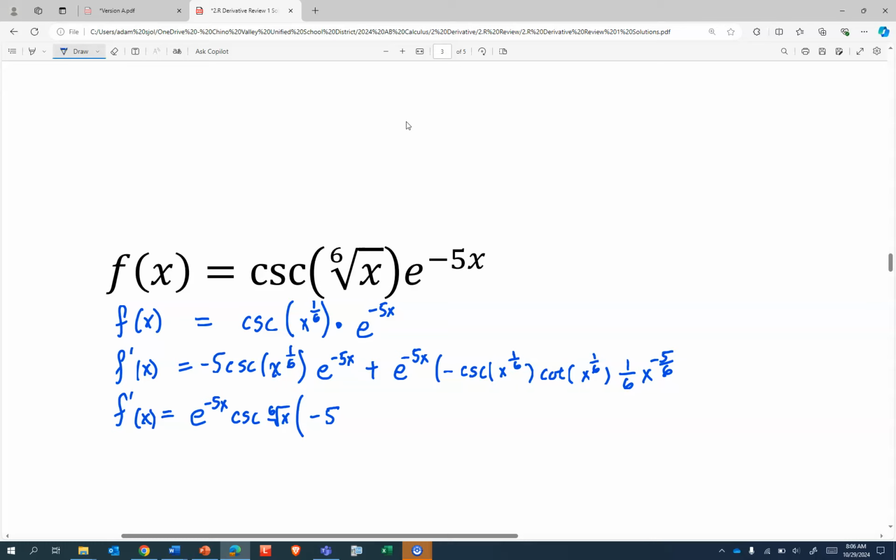And the second term, let's see, that's gone, that's gone. I'll erase these in a moment. So we're just going to have plus cotangent of the 6th root of x over 6 times the 6th root of x to the 5th. Okay, let me get rid of those underliney bits. Oh no!